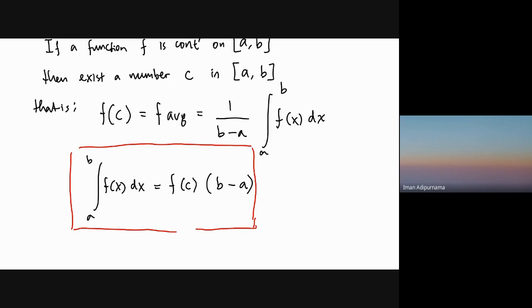This is the average value part, and we know that the average value, the C, will be in between A and B. Okay. So the next section, I will move to chapter 7, which is the technique in integrations, and I hope we can have sufficient time for chapter 7 from today and Friday.